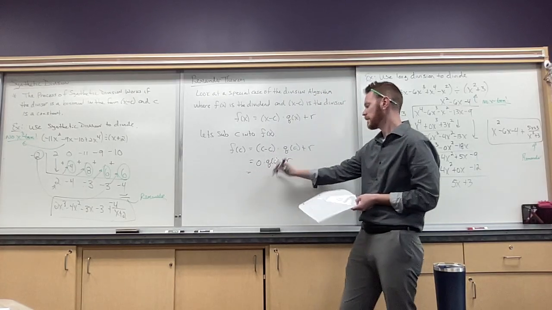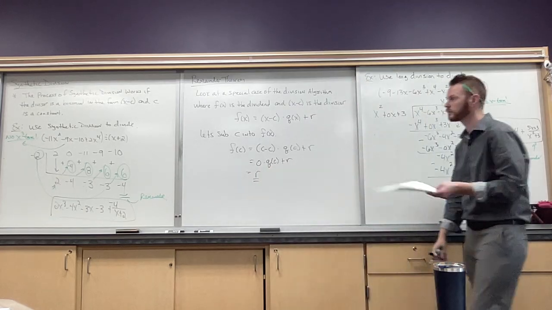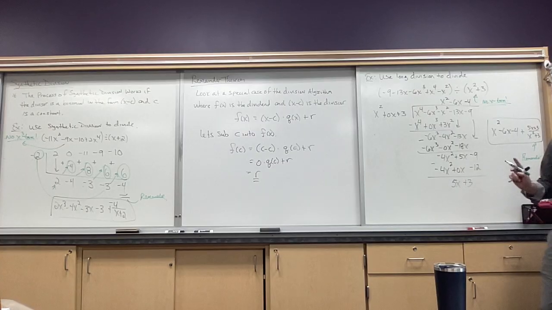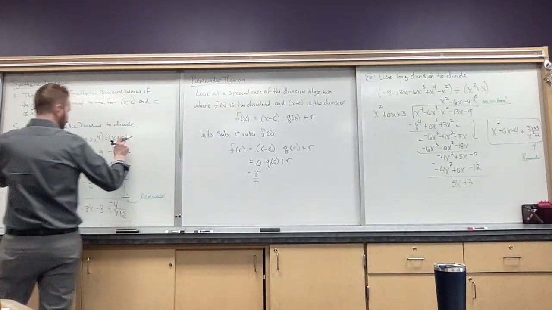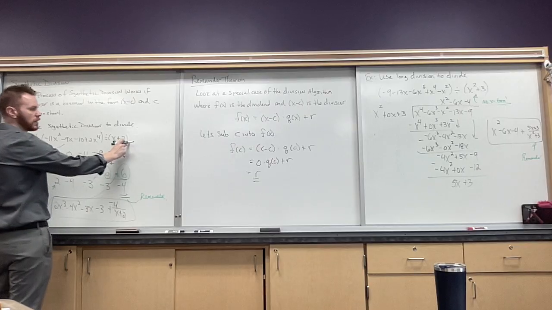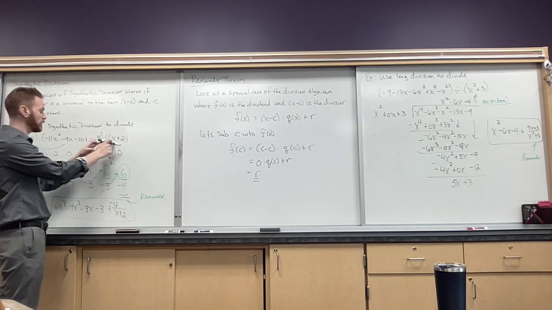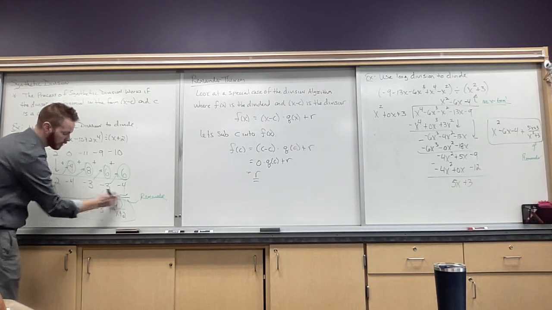And 0 times anything is still 0, so you just get r, which is our remainder. Okay? So what did I do? Let me just recap. I took something like this, and I said, let's just plug a -2 into here and see what happens. Well, everything kind of gets taken out. The only thing that's going to remain is our remainder here.